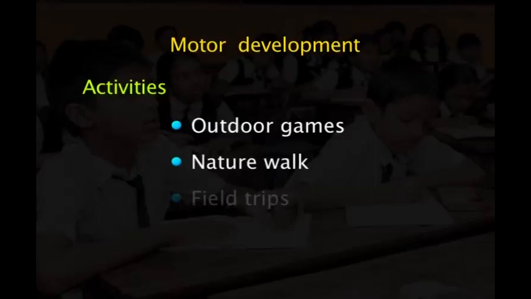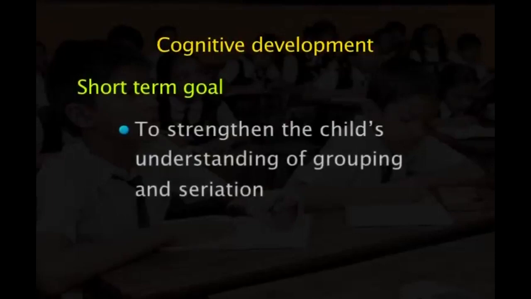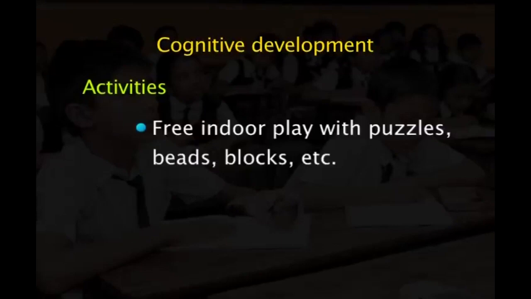For this, the activities can be outdoor games, nature walks and field trips. Cognitive development area: the short-term goal will be to strengthen the child's understanding of grouping and seriation. For this, you can have activities like free indoor play with puzzles, beads, blocks, etc.